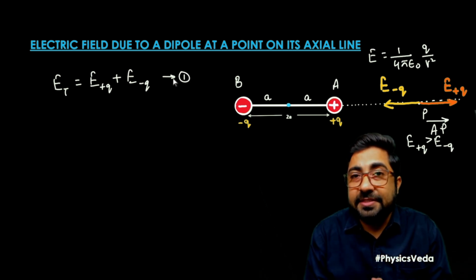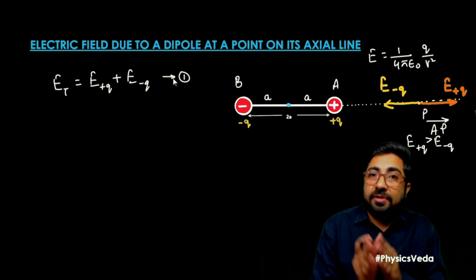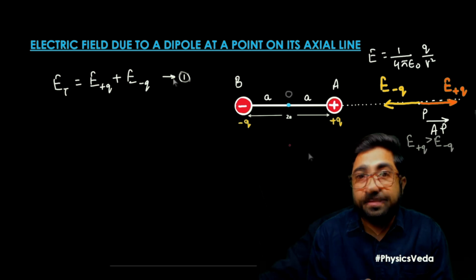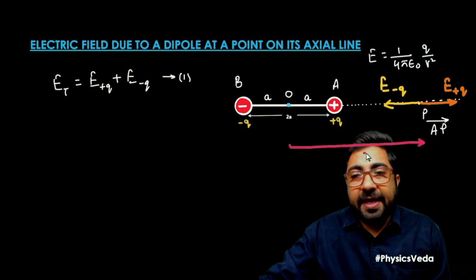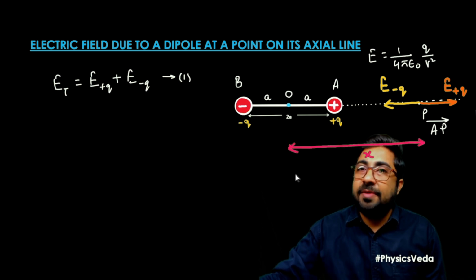Now the task is: what is the value of the electric field due to positive and negative charge? Let us consider the point P is situated at x distance from the center of the dipole.